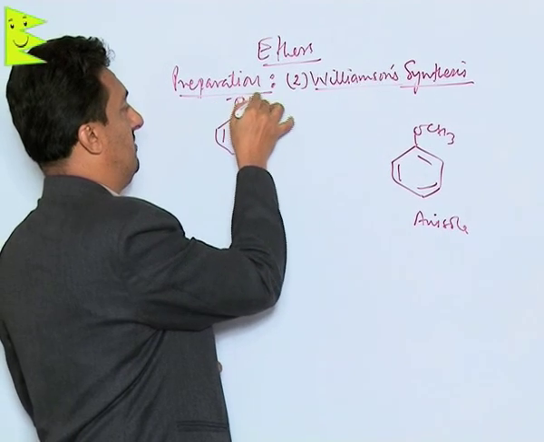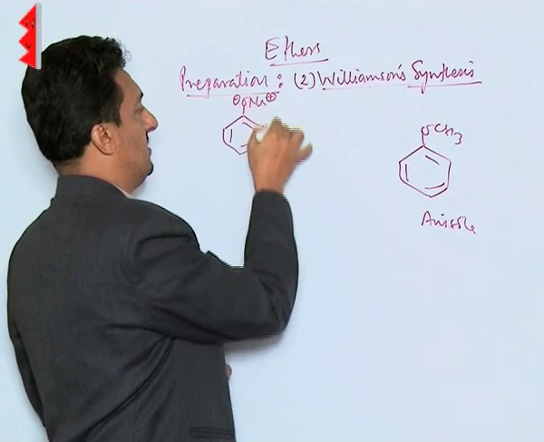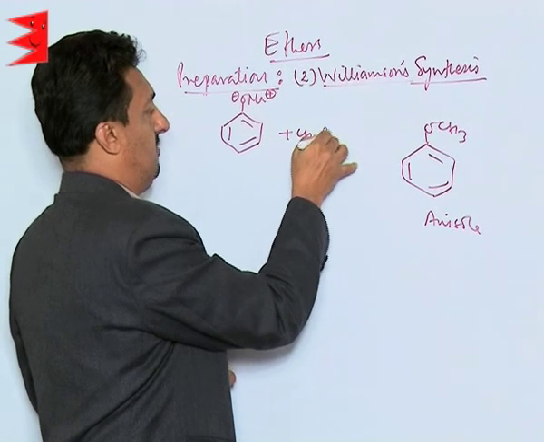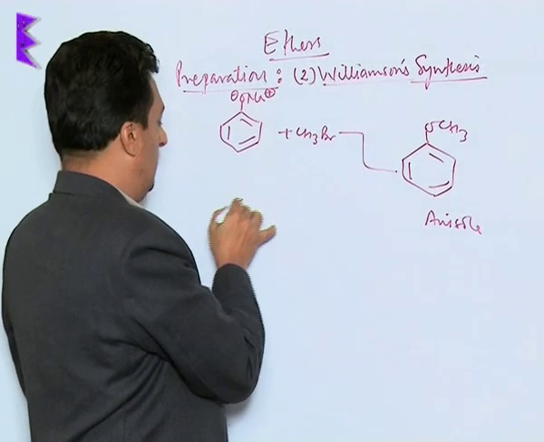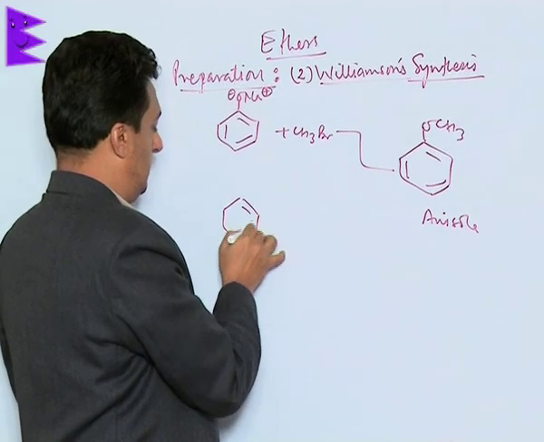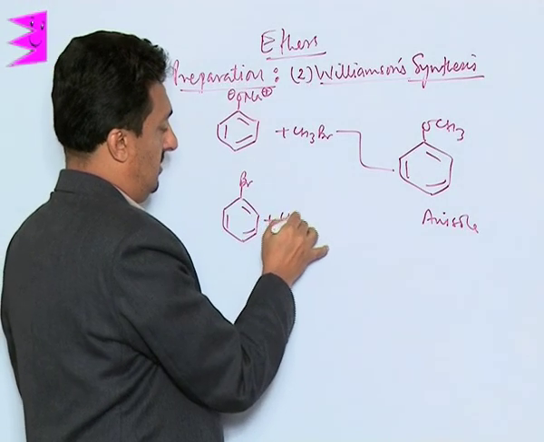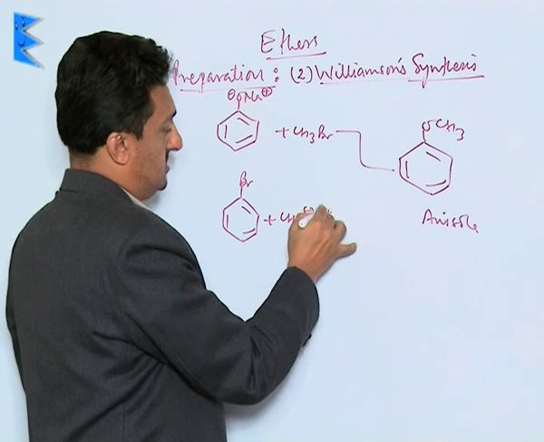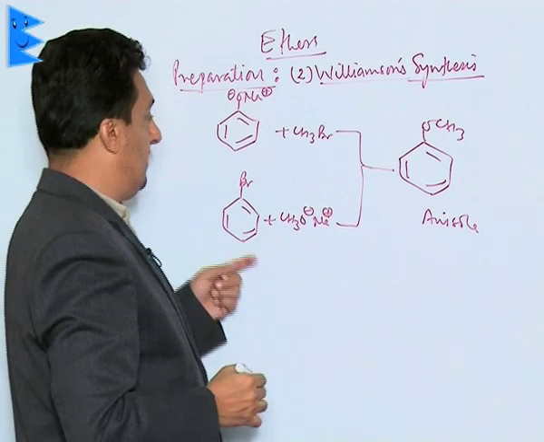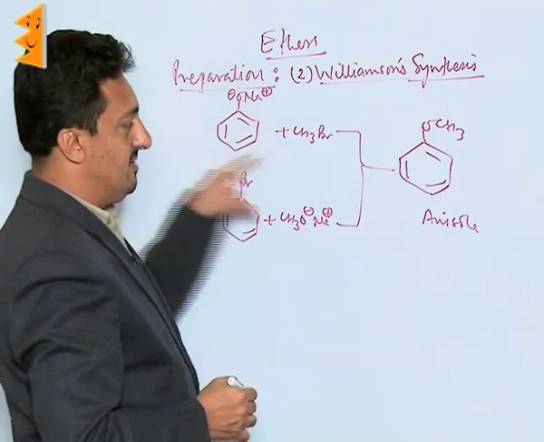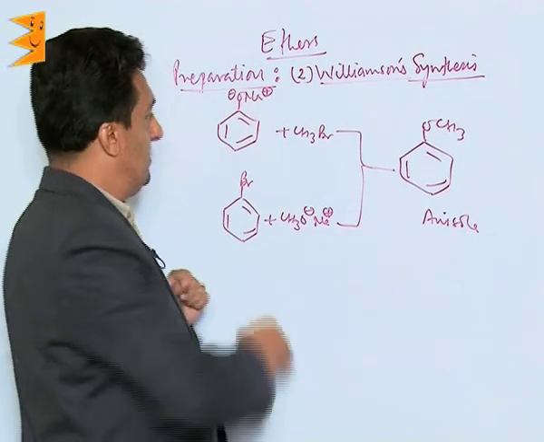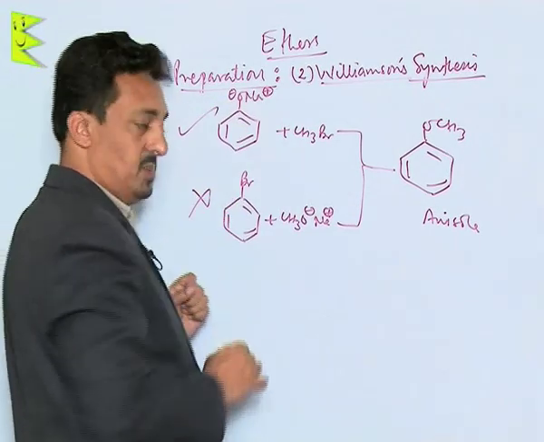We can take sodium phenoxide and methyl bromide, or we can take bromobenzene and sodium methoxide. Now the question is, which of these two reactant pairs is going to give us anisole? This one is going to give us anisole, not the other one.